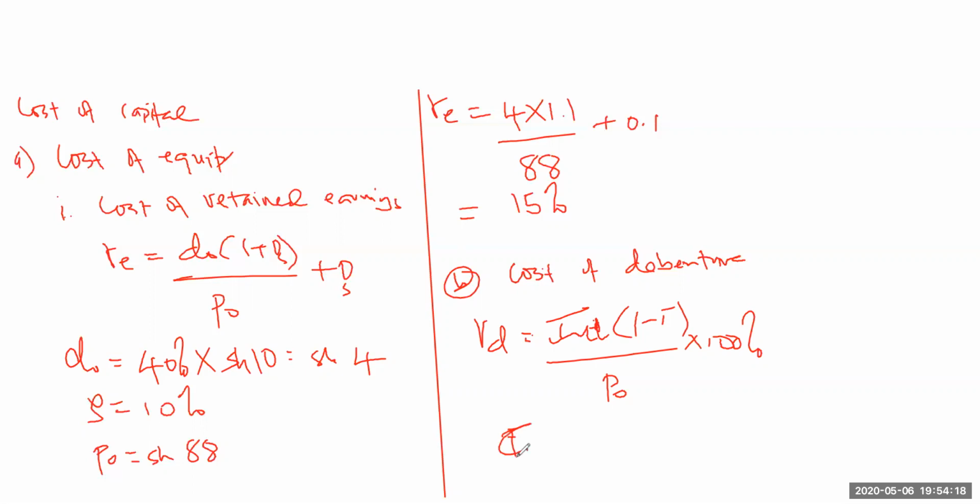Therefore, the net interest is 9% of the par value. The par value of this debenture is 100. So par value 100 times (1 minus t, 0.3) gives us 6.3, to be the net interest income.